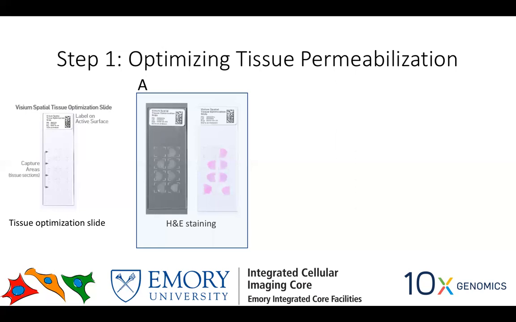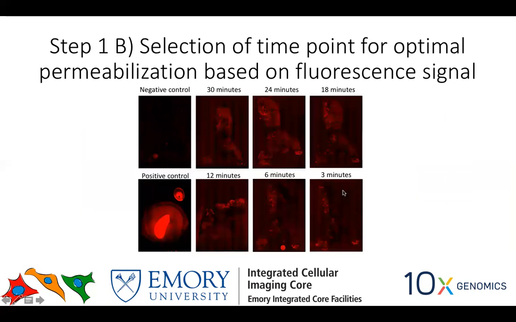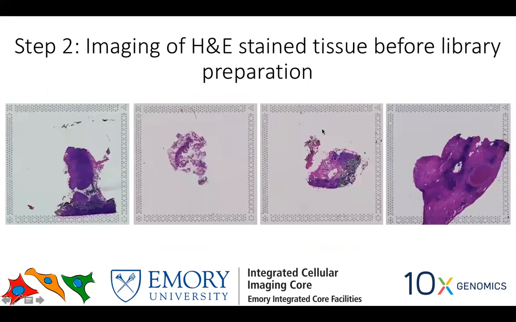Okay. All right. So again, rehashing step 1A, just to make sure that your tissue is perfectly fine. Step 1B, to figure out what is the permeabilization time. And this is the permeabilization time that you will end up using when you do step 2 for the library prep, right? So then we will take the images.